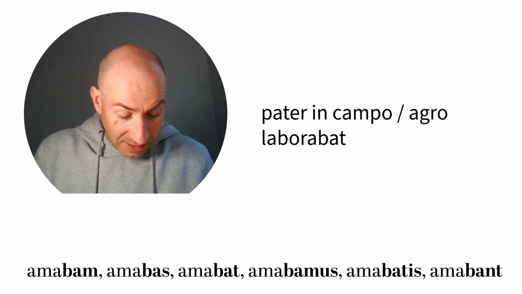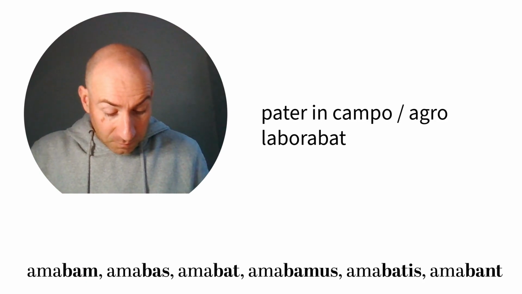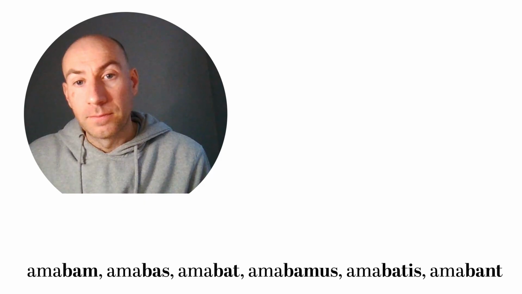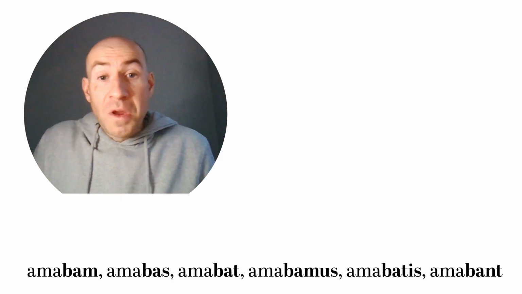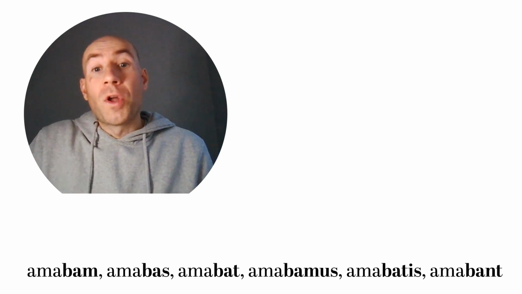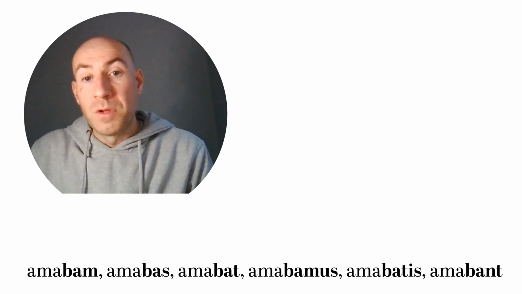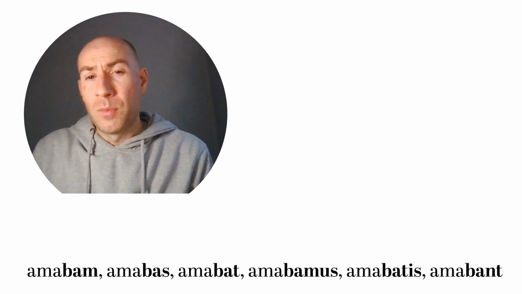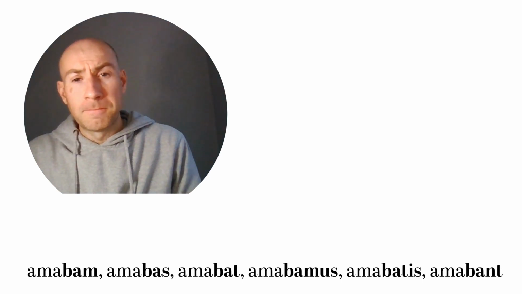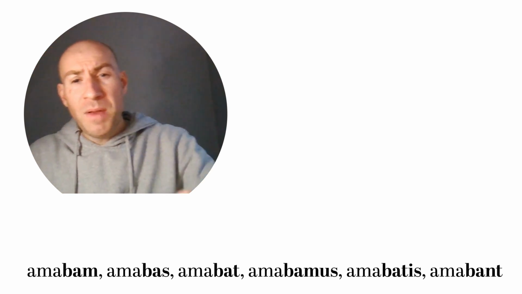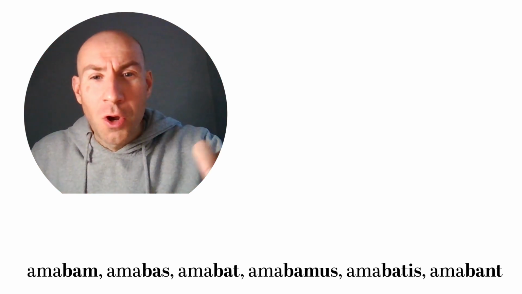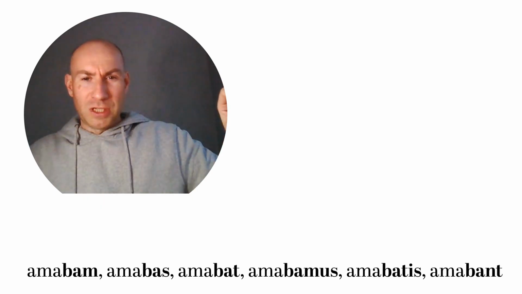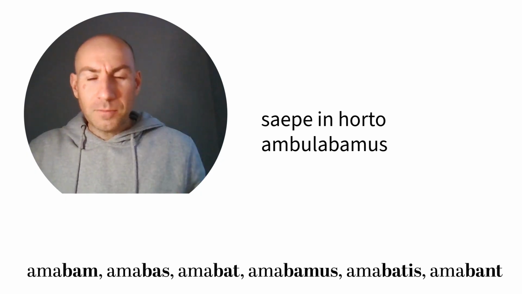Well done. Second sentence. We often used to walk in the garden. Or you could say, we would often walk in the garden. Repeated action. We would often walk in the garden. Have a think. Pause if you need to. Saepe in horto ambulabamos, from ambulare.